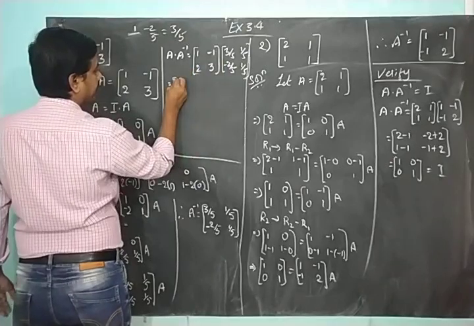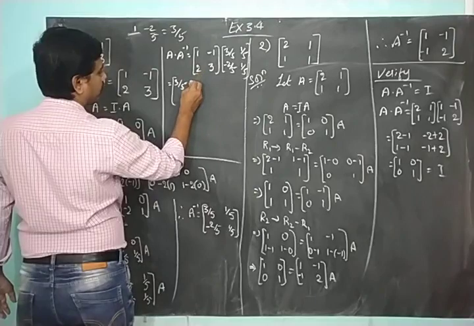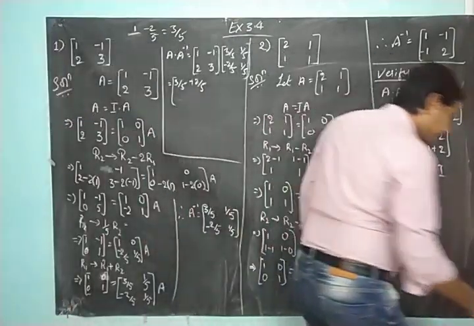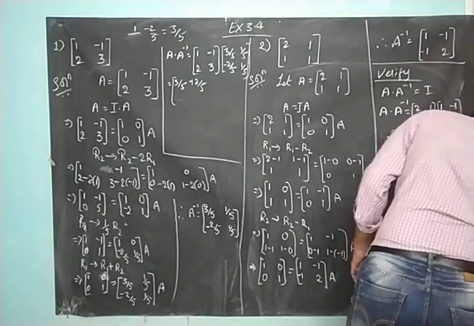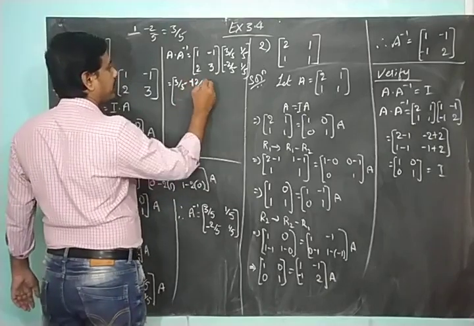So 1 into 3 by 5 is 3 by 5, minus 1 into minus 2 by 5 is plus 2 by 5.